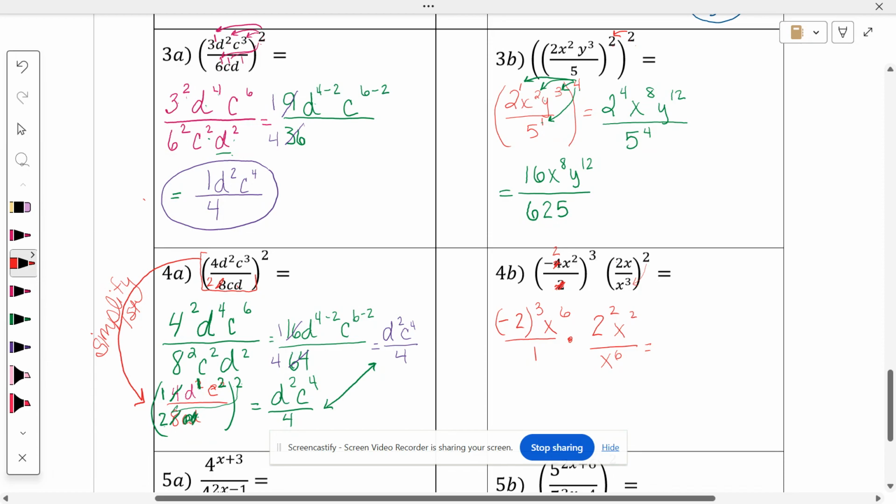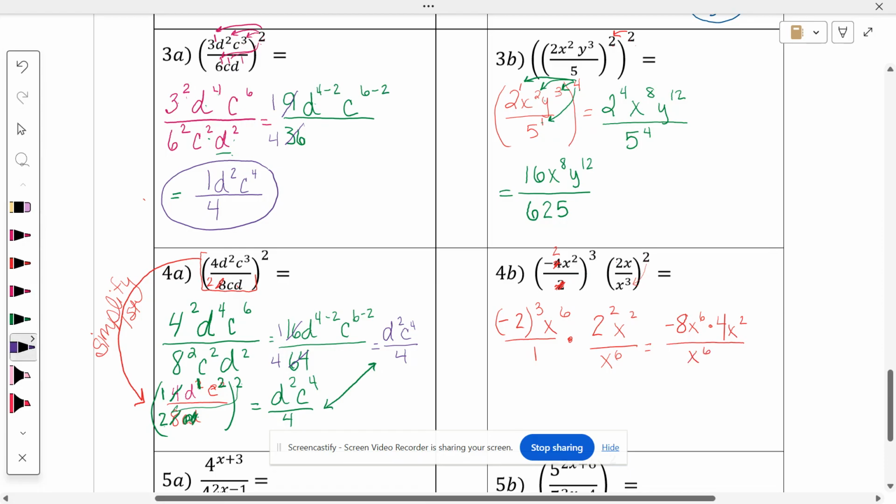So let's see, negative 2 times negative 2 is a positive 4, times negative 2 is negative 8 x to the 6th times 2 squared is 4 x squared all over 1 times x to the 6th is just x to the 6th.